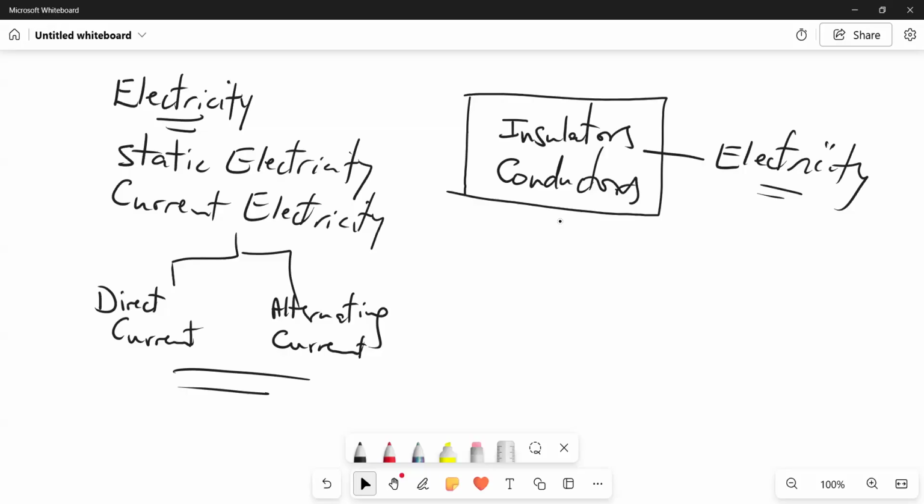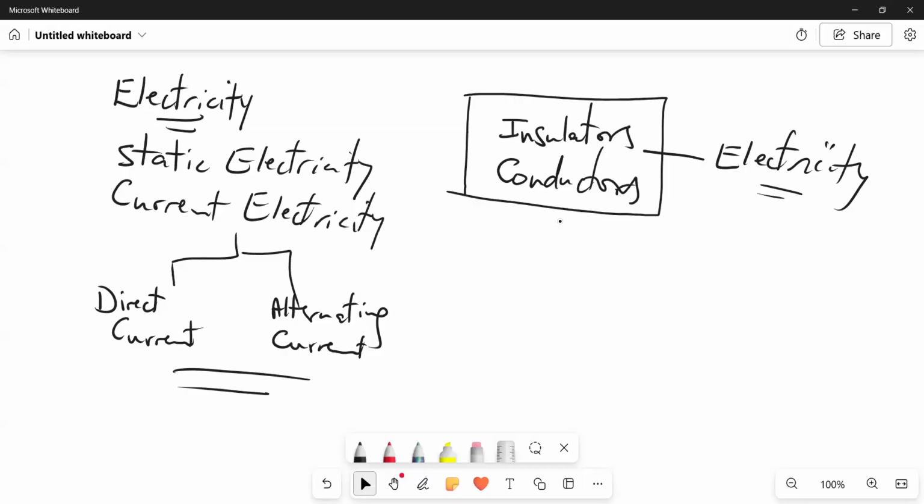Certain things are good insulators in that they don't allow heat to flow across them freely. And some things are good conductors of heat in that they allow heat to pass freely. In very many cases, you find that good thermal insulators are good electrical insulators.